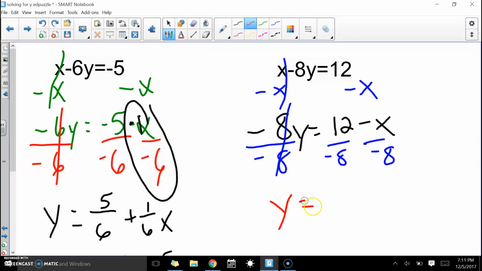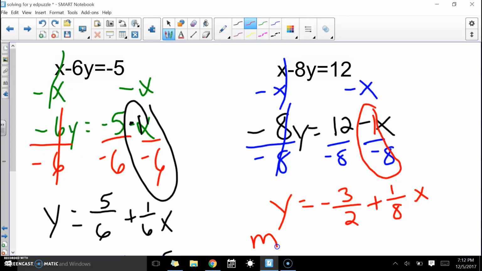I'm left with y equals 12 divided by negative 8 equals negative 3 over 2. And this negative 1 divided by negative 8 equals positive 1 over 8x, where m is equal to 1 over 8 and b is equal to negative 3 over 2. And that's it.